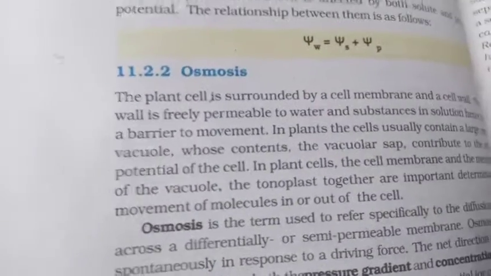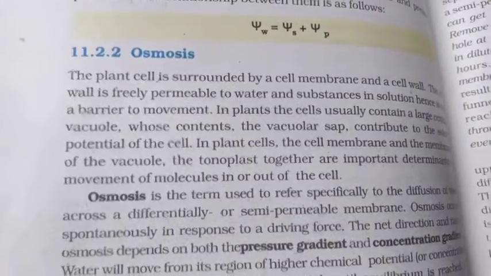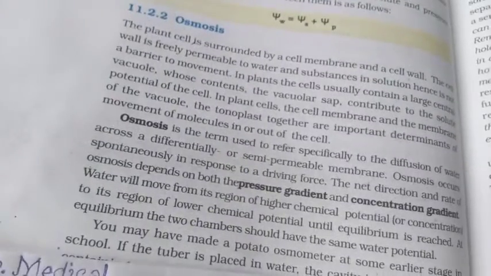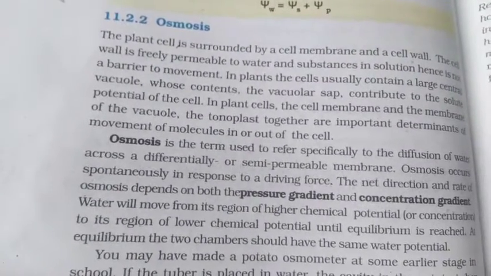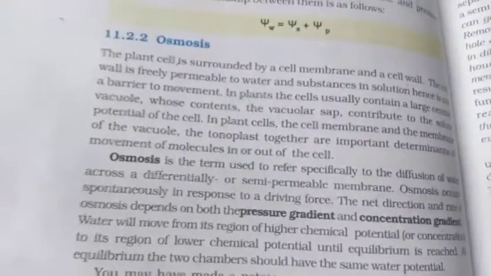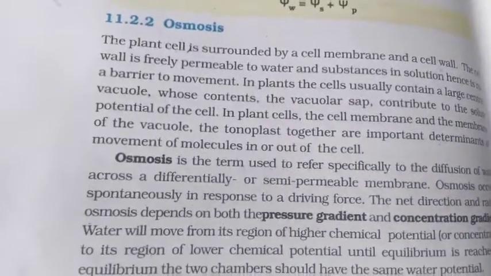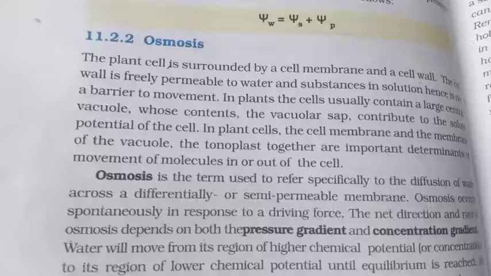The plant cell is surrounded by a cell membrane and a cell wall. The cell wall is freely permeable to water. That means it allows water to pass through easily. It is permeable to water and also to the substances in solution.